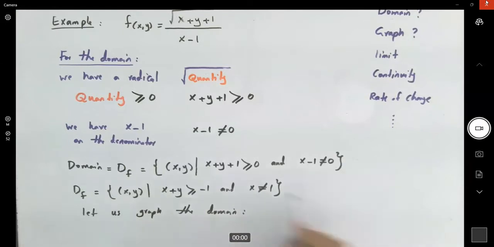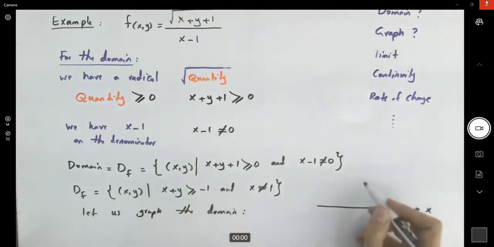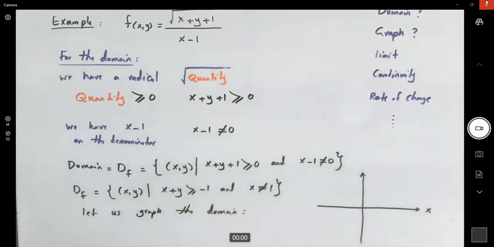Okay, so this is from basic algebra. Of course, you learn about these inequalities in algebra. So you're going to go to x and y. We already know that our domain is part of the plane, all right? The very first one is easy. X is not 1.